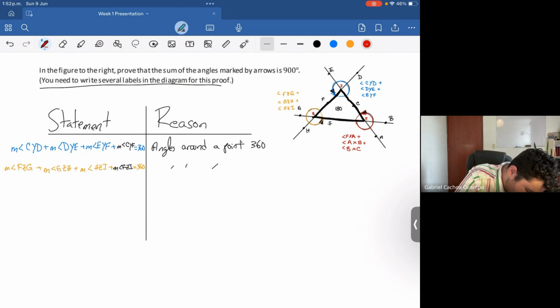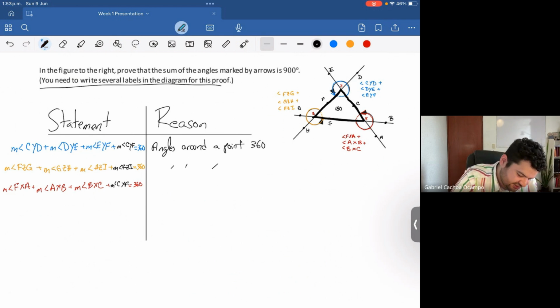Then the measurement of angle FXA plus the measurement of angle AXB plus the measurement of angle BXC plus the measurement of angle CXF equals 360 because angles around the point are 360.